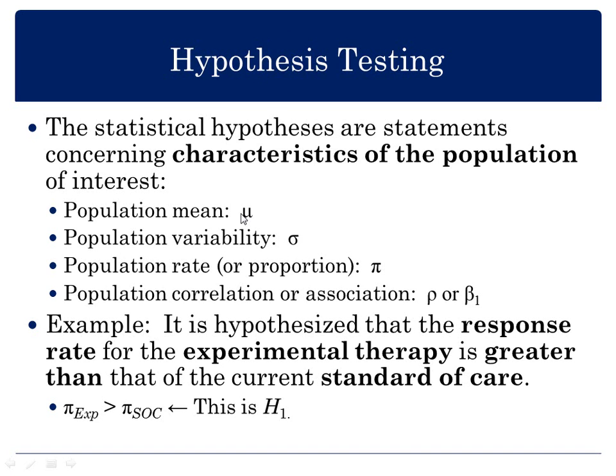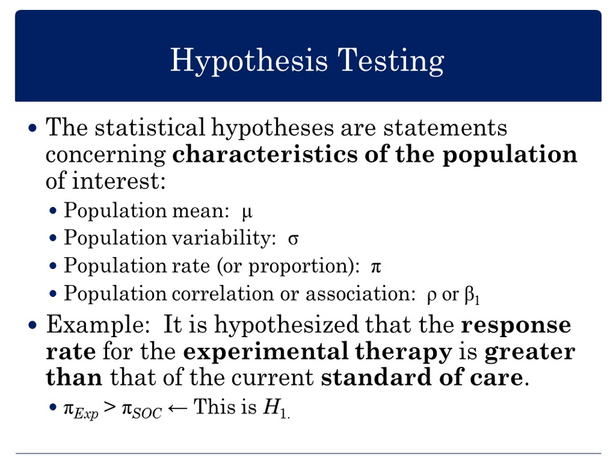So in statistics, we tend to represent these pretty standard by these Greek letters, mu, sigma, pi, rho, or maybe beta in a regression model. So I'm going to try to stick to the standard notation, but please don't get bogged down in the letters and just try to focus on the concept.